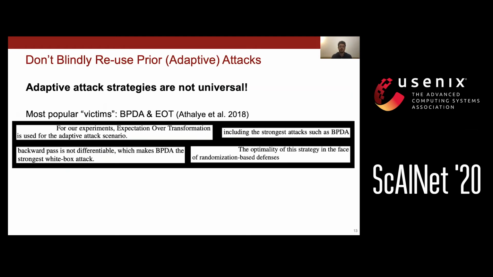And two very popular victims of this approach are the BPDA and EOT attack strategies that were introduced by Athalye, Carlini, and Wagner. If you're not familiar, these are somewhat generic attack techniques to approximate the model's gradients when the model is either non-differentiable or somehow randomized. And these techniques have been used successfully against many defenses in the past.